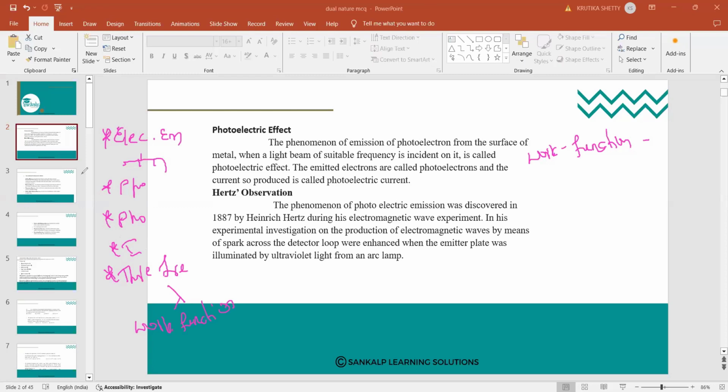So make a note of it. If any doubt is there in the 11 points, please ask, students.